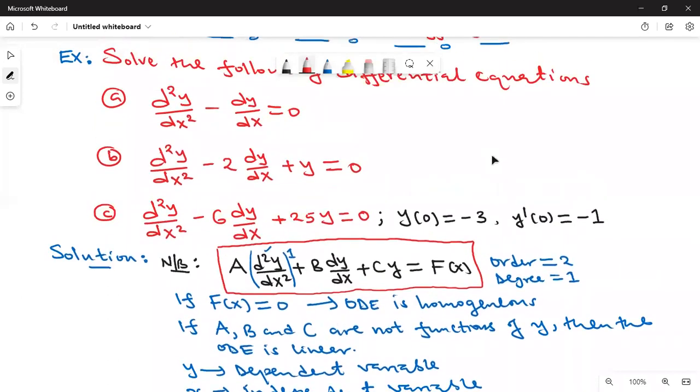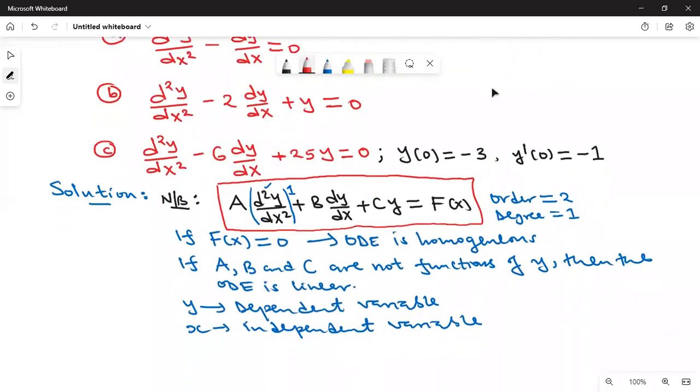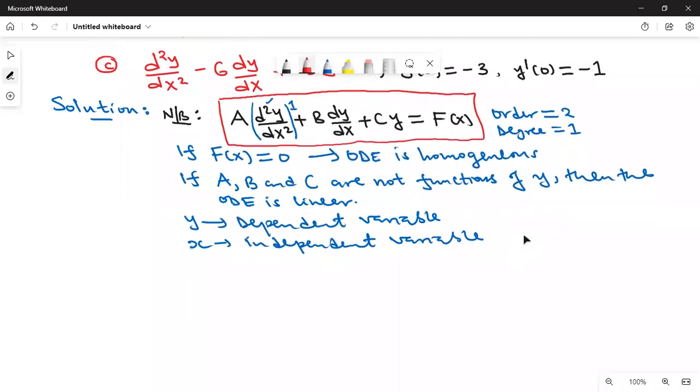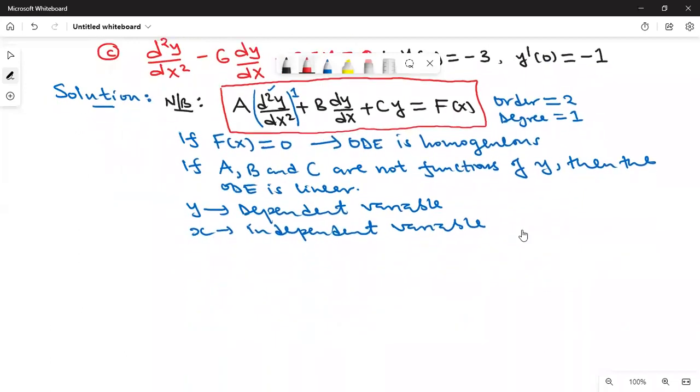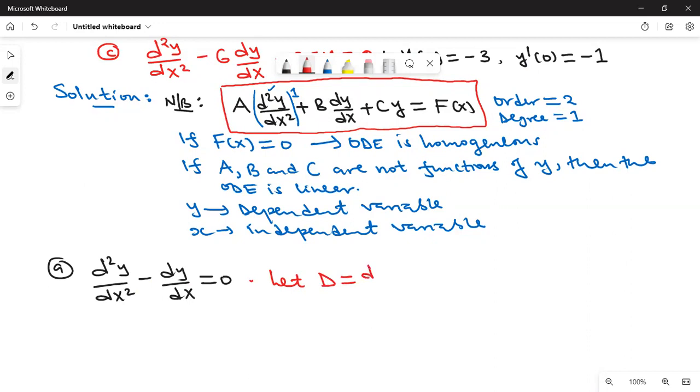In part A, we have d squared y over dx squared minus dy over dx is equal to 0. So you write here part A: d squared y over dx squared minus dy over dx is equal to 0. I am going to write this equation in terms of the D operator. So you say let D, this is a differential operator, be the derivative with respect to x.